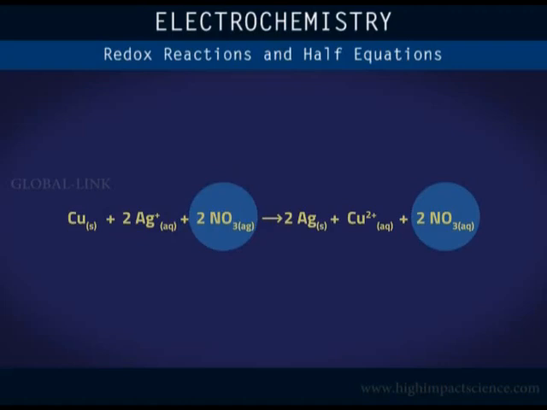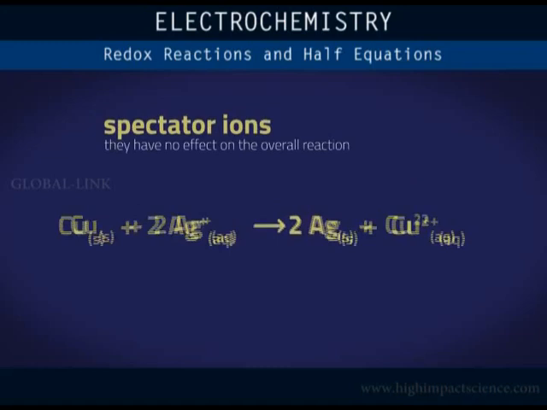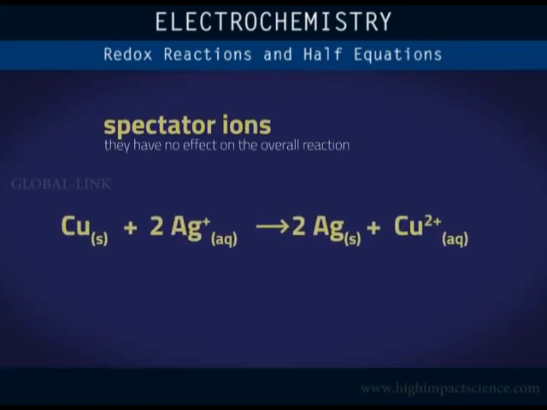Because the nitrate ions appear on either side of the equation in the same state, that is aqueous, they are called spectator ions because they have no effect on the overall reaction. Ionic equations only include species that have changed their states. For example, copper changes from solid to aqueous, and silver changes from aqueous to solid.